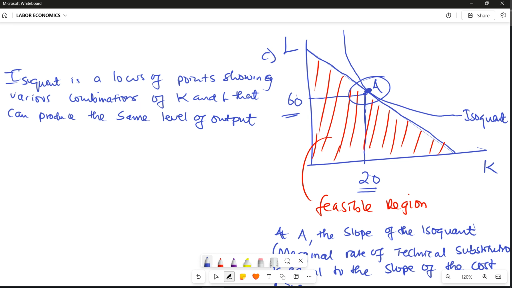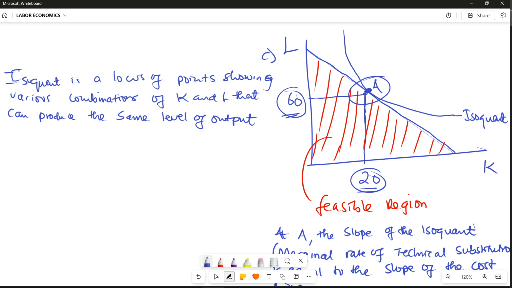Okay? So we have shown the feasible region, which is the shaded region. We've also shown the optimal combination of capital and labor, and the isoquant and the optimal point. So don't confuse the two.